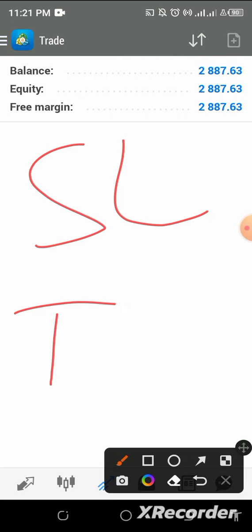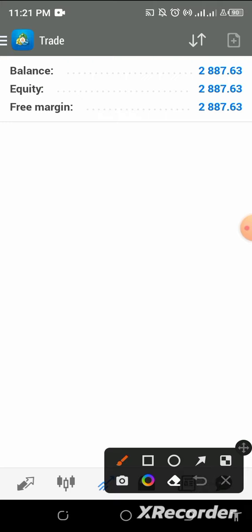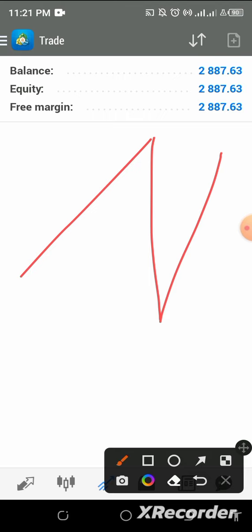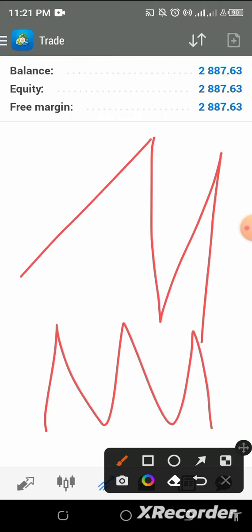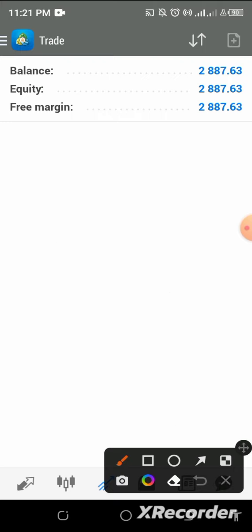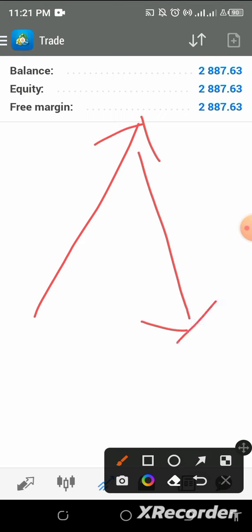I want to tell you that in Forex, what goes up will surely come down. It is like a zigzag. If your trade is already in profit, don't allow your trade to come back and be minus.